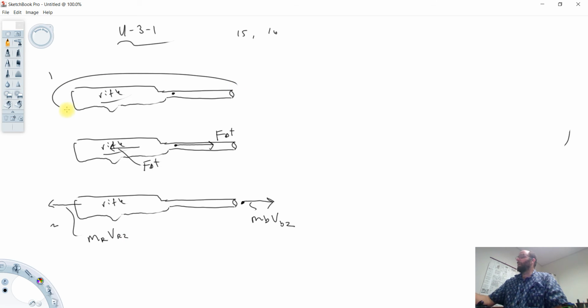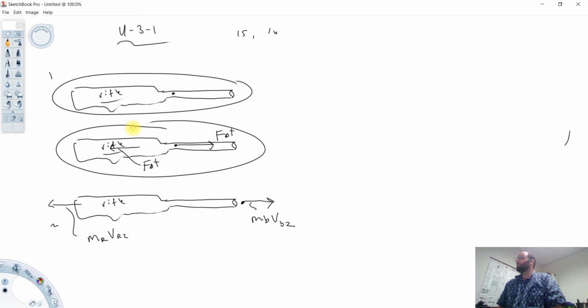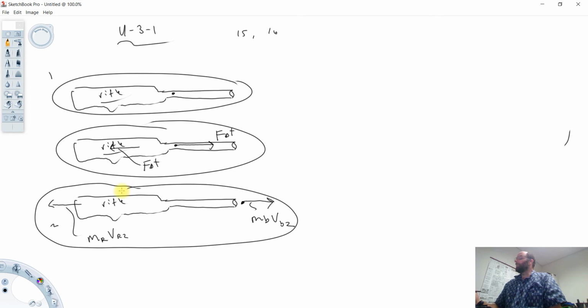You've got no momentum plus no impulse, right? Because the net impulse in that picture is 0. And then equals your final momentum. But keep in mind your final momentum has 2 terms, one to the right and one to the left. So there's a very simple, easy equation you can write out for number 15 there that will relate all the 2 masses and the 2 objects.